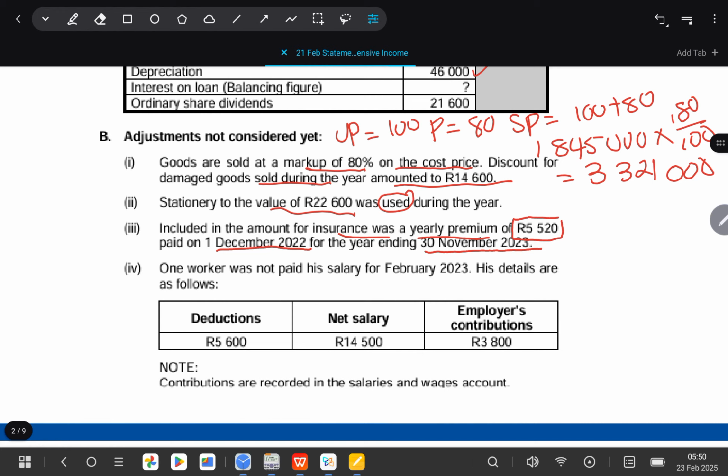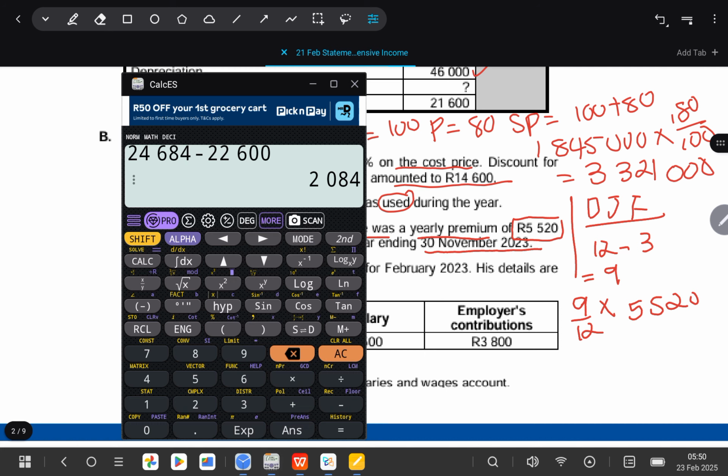So you were supposed to pay for 3 months, but you paid for 12 months. So if you say 12 minus these 3, you're going to be left with 9. So 9 over 12 multiplied by 5,520 will give us the value that was prepaid.